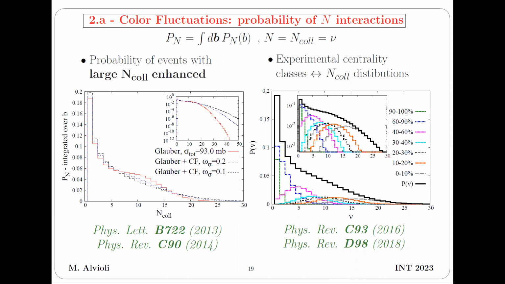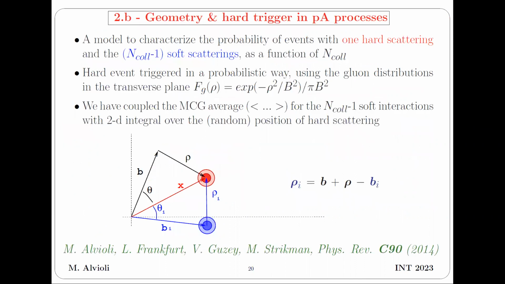So instead of having fixed intervals of the number of collisions for each centrality class, we have distributions which overlap each other, as I'm showing in the right figure here. And this has implications for a number of observations.